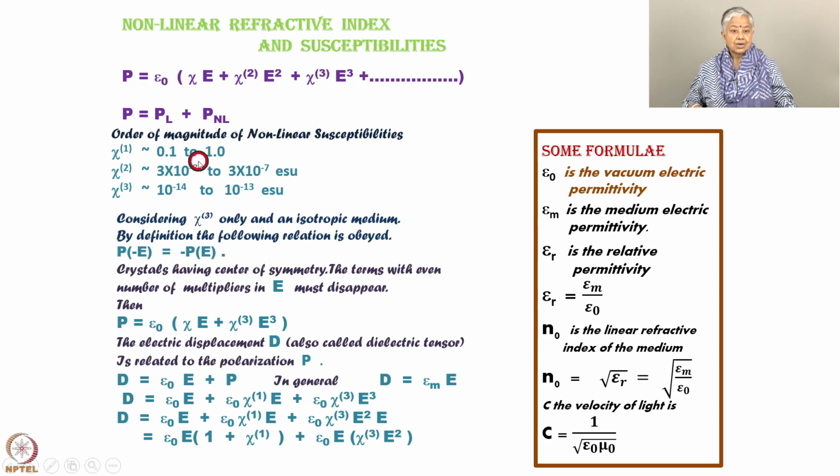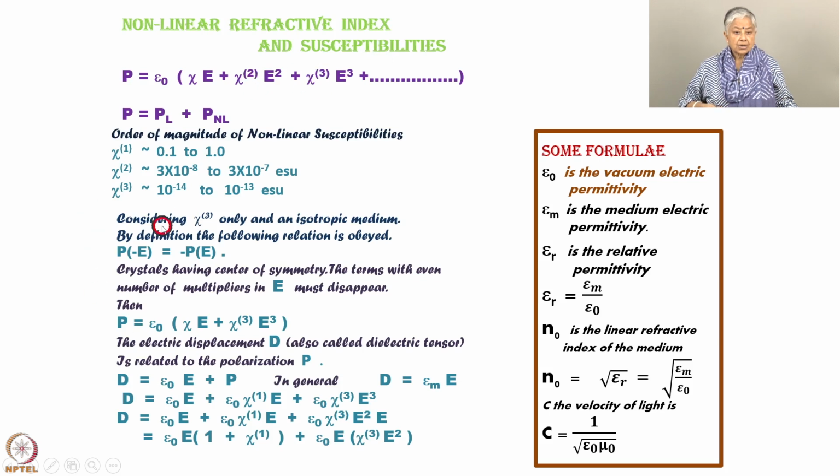Now I am going to consider chi 3 first, and all the effects that happen because of chi 3. Chi 2 is very important, but I will skip that first and come to chi 3.